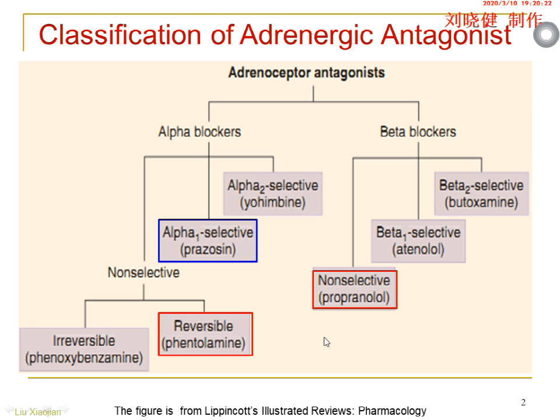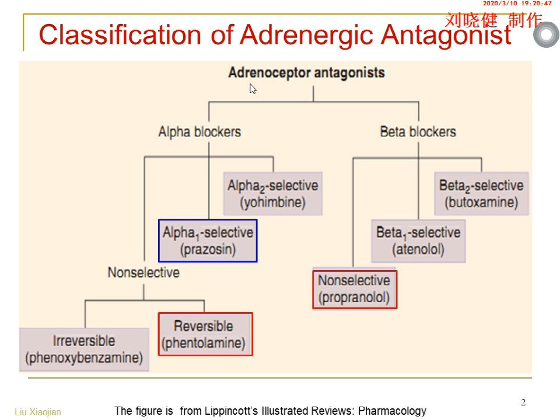Now, the classification of adrenergic antagonists is similar to the other agonists or antagonists. It is based on the selectivity to the receptors. So adrenergic receptor antagonists include alpha receptor blockers and beta receptor blockers.